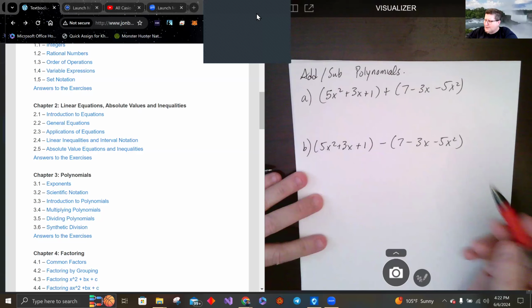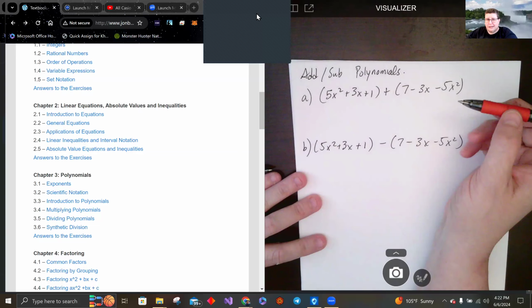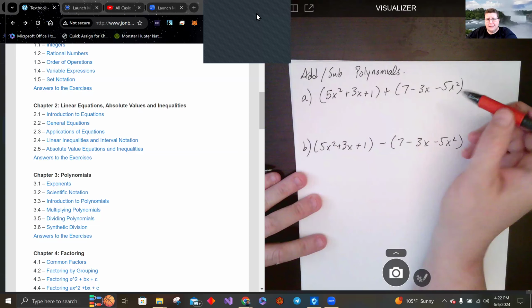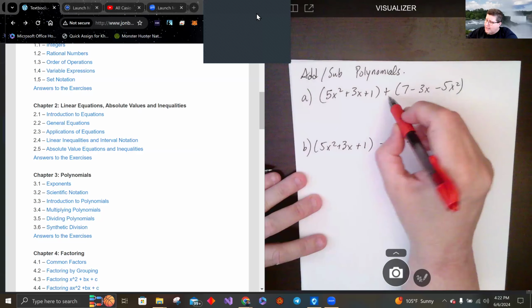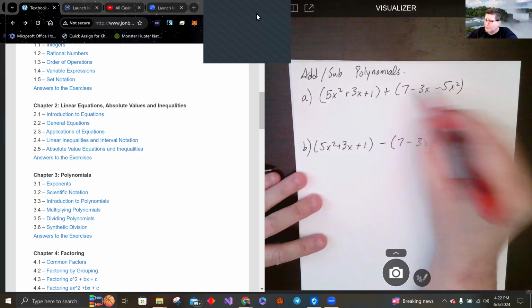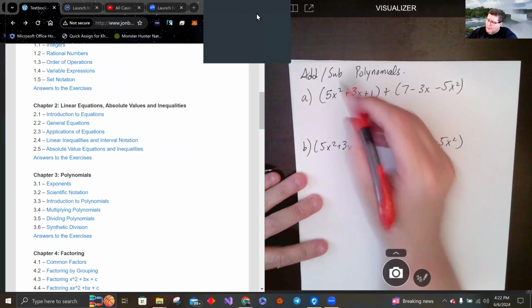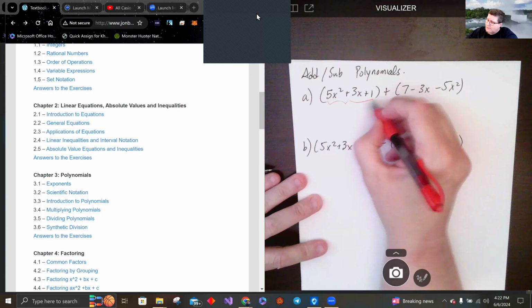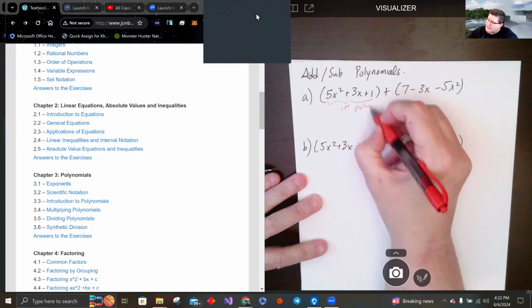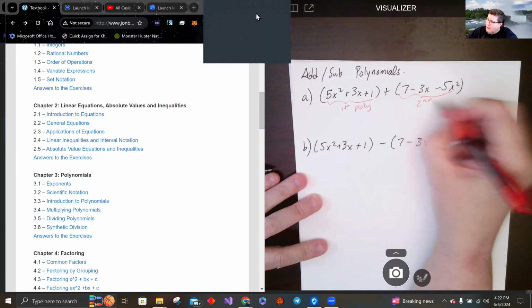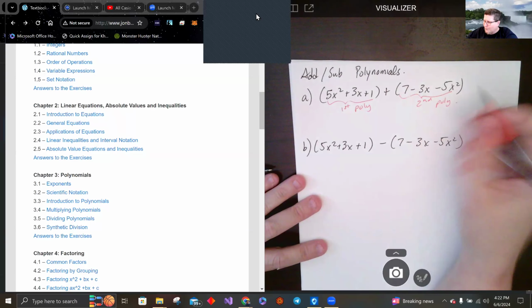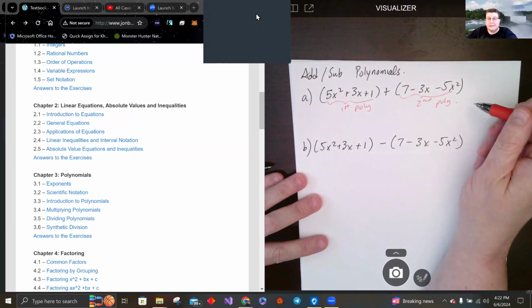Here we add terms based on their exponents. We combine like terms. This doesn't actually need to be written with parentheses. I'm just writing polynomial. And this is the second polynomial. But when we add them, we don't even need the parentheses.